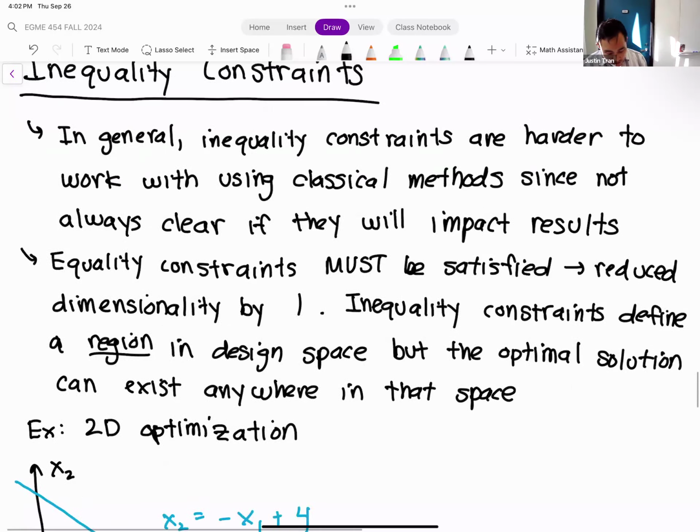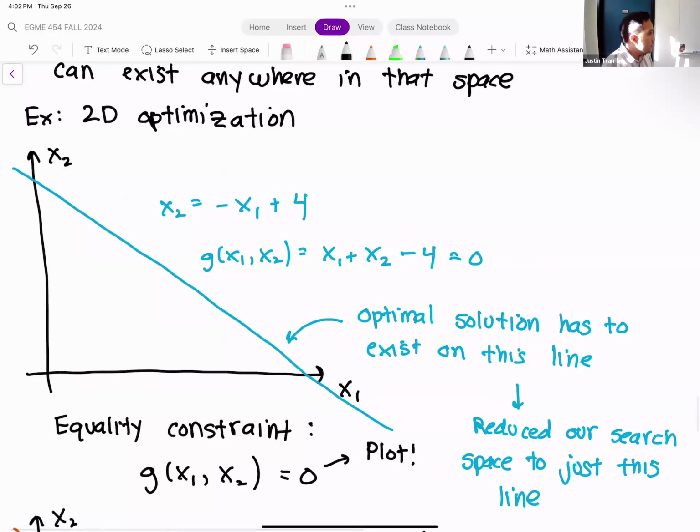To give you a visual example, in a two-dimensional optimization with one equality constraint, the constraint defines that our optimum has to sit on some line that goes through the domain. Knowing our solution has to be on that line, we've effectively restricted our problem from two dimensions to one, and that brings a lot of benefits.